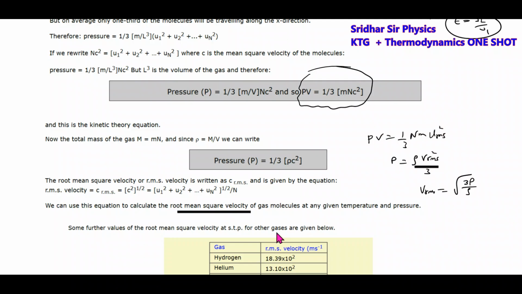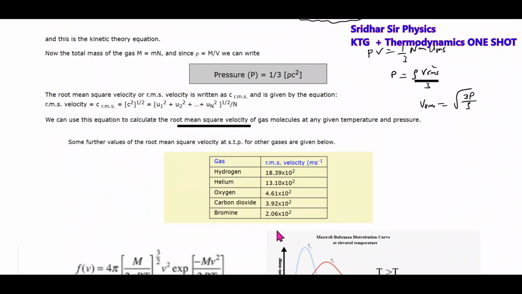What is the RMS speed of the gas molecule? At STP, standard temperature and pressure, at 27 degrees Celsius and 1 atmospheric pressure, the speed is about 1,839 meters per second.